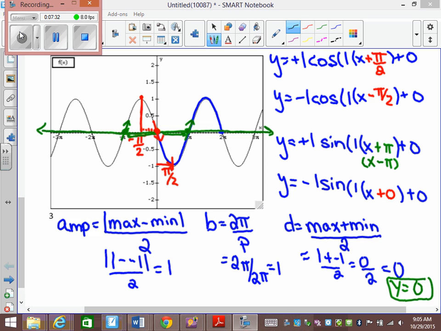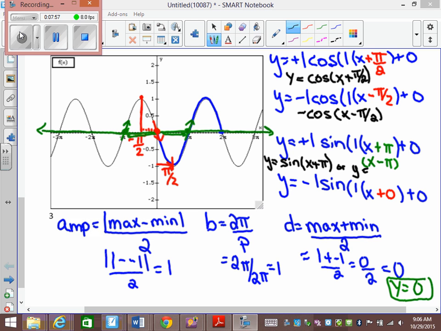This one would be written as y equals cos x plus pi over 2. This would be negative cos x minus pi over 2. This would either be y equals sine x plus pi or y equals sine x minus pi.